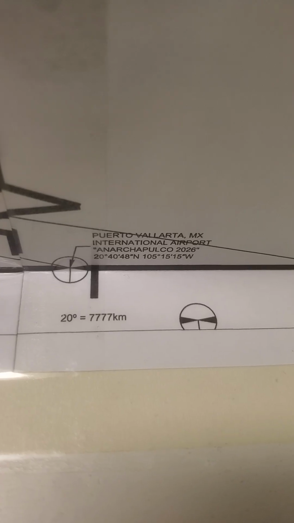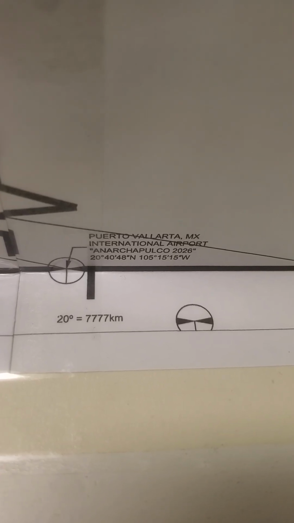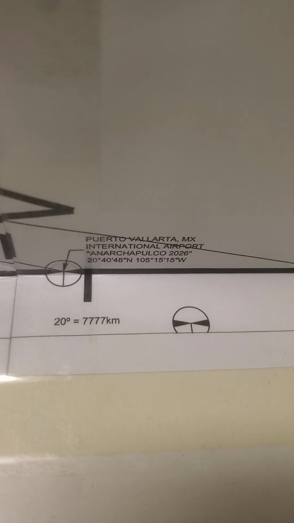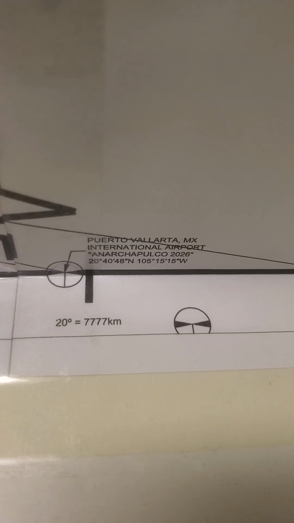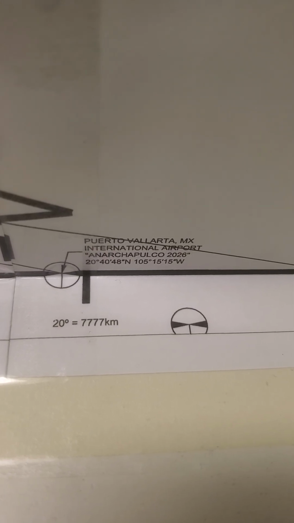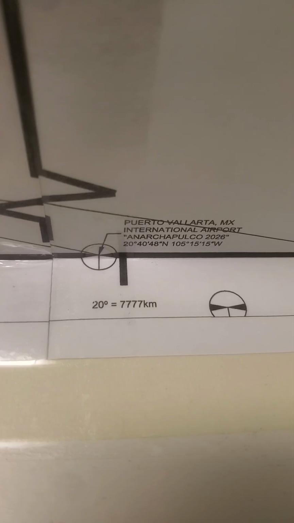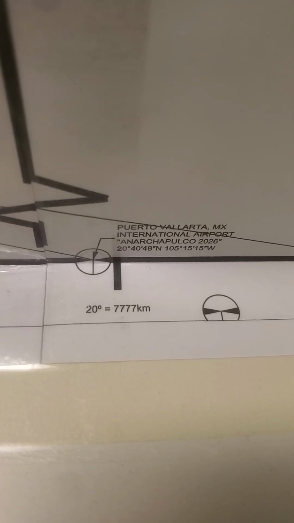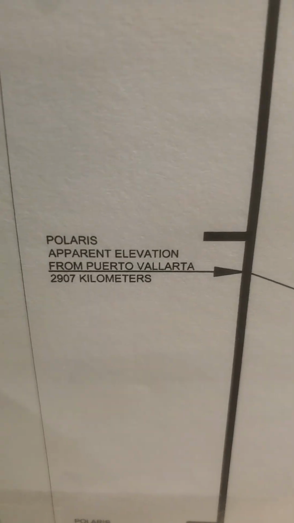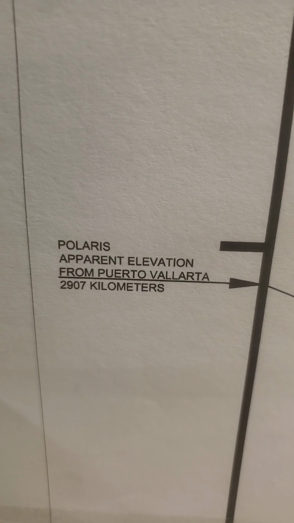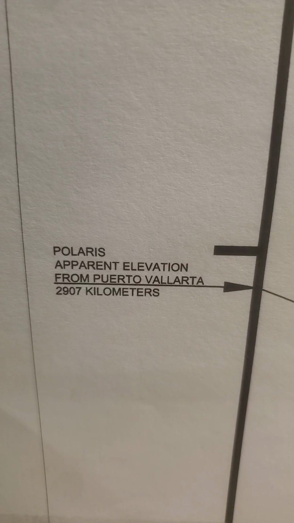If he should look at Polaris from Puerto Vallarta in the middle of a dark night, on a clear night, he'll see it at 20 degrees, 40 minutes, 48 seconds north, and he is just shy of 7,777 kilometers from the North Pole there. And that 20 degrees 40 minutes elevation is going to make it appear to him like Polaris is 2,907 kilometers high.